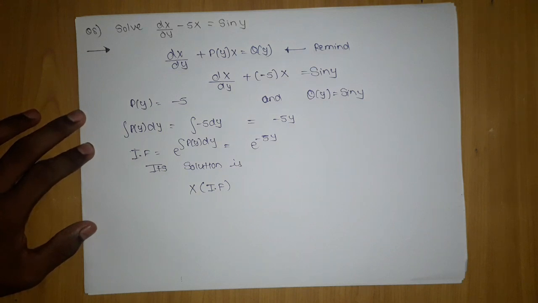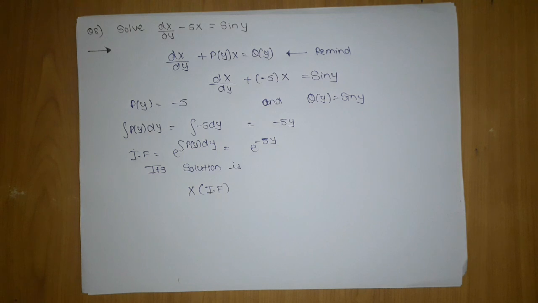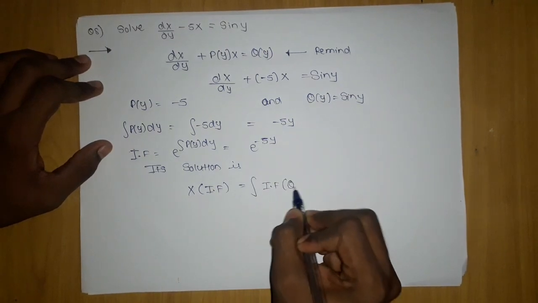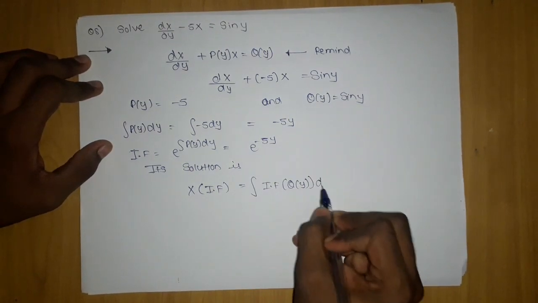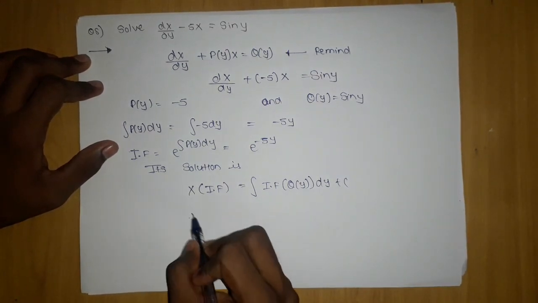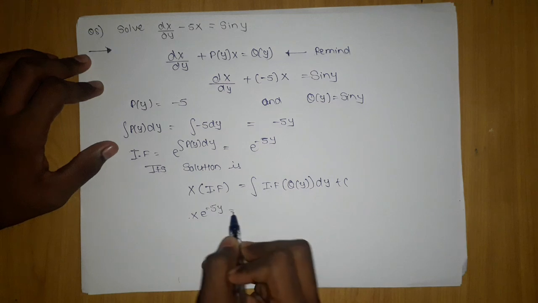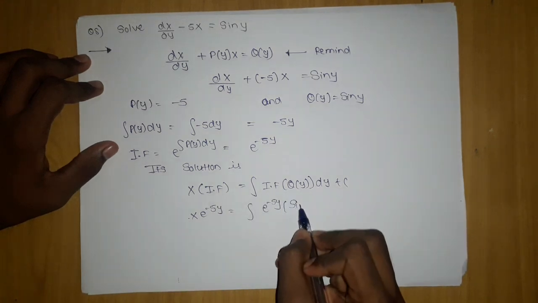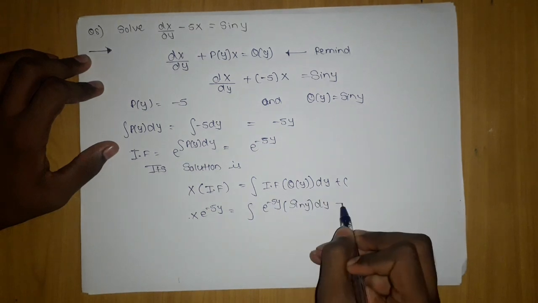So our solution is: dependent variable into integrating factor equals the integral of integrating factor into Q(y) dy plus c. Here dx will not come, dy will come. Substituting, x e to the power minus 5y equals the integral of e to the power minus 5y into sin y dy plus c.